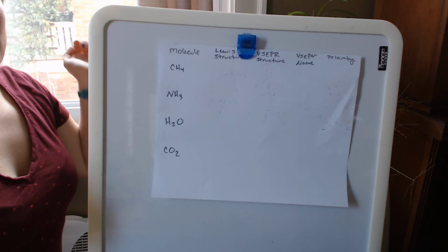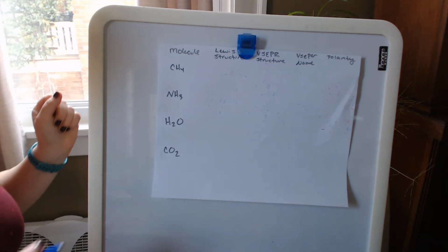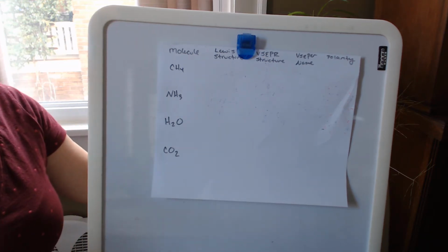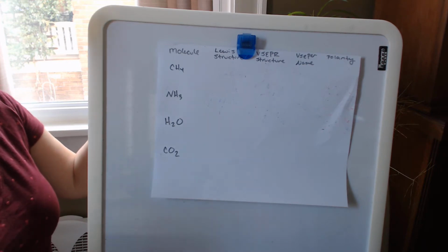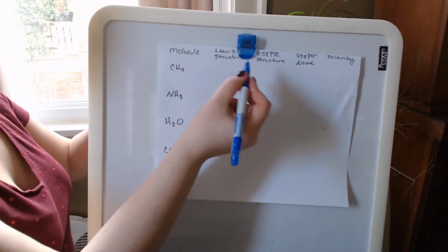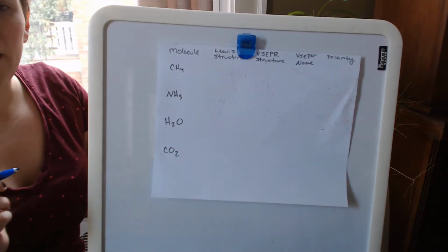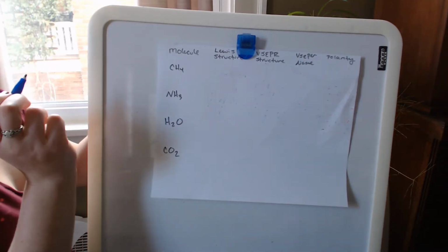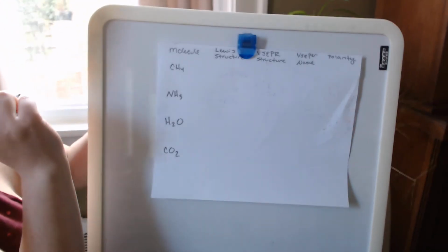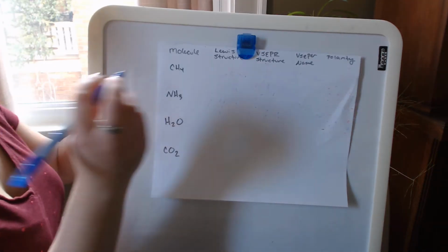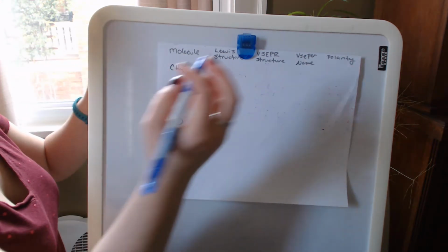All right, so let's start with CH4. Remember that you can pause this at any time because it is a video, so if you need a minute, pause it, take a minute. Okay, so let's start with the Lewis structure. We know that carbon wants to get to 8 and hydrogen wants to get to 2 valence electrons.